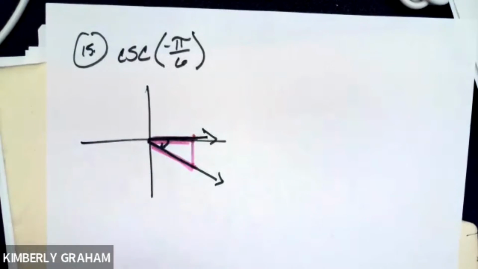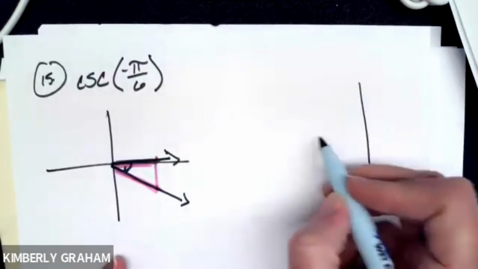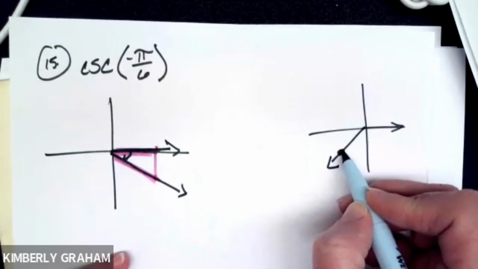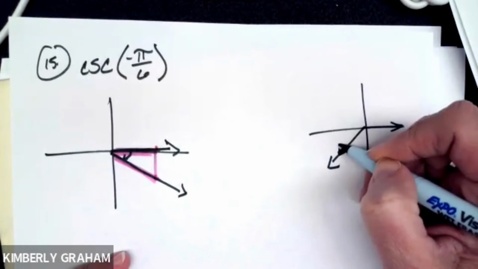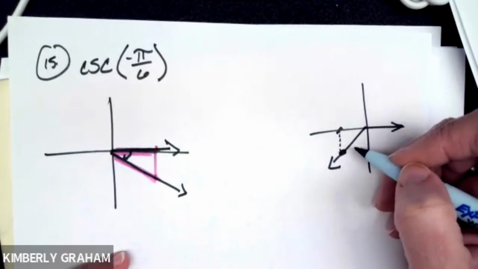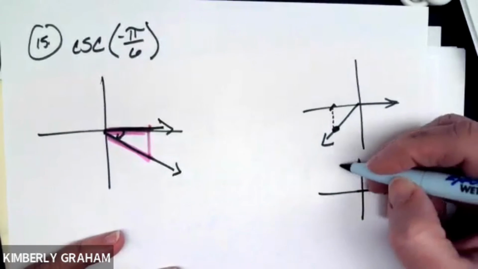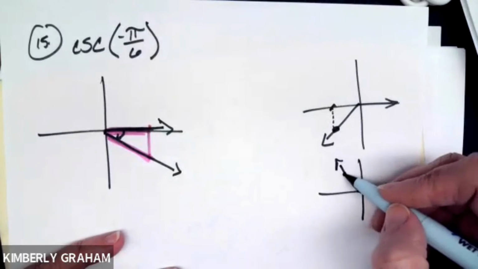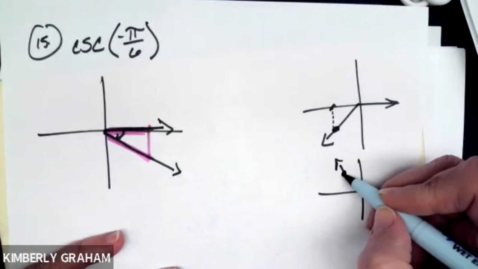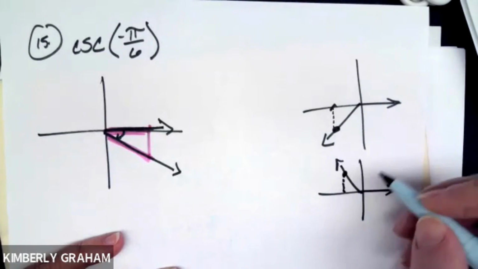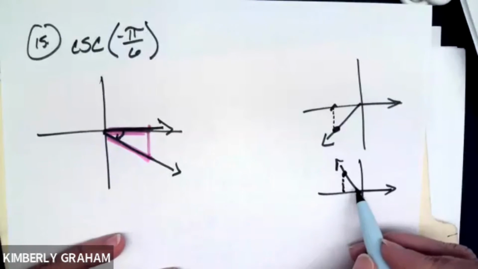If you're over here in quadrant 3, pick a point on the terminal side and then go straight up to the x-axis. If you're in quadrant 2, pick a point on the terminal side and then you're going to go straight down to the x-axis.